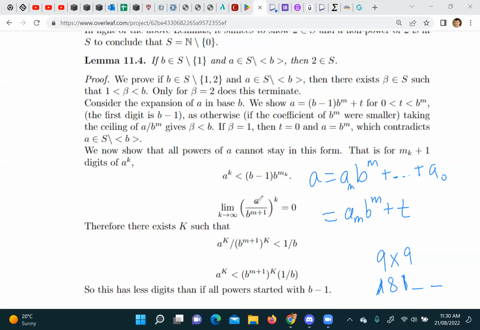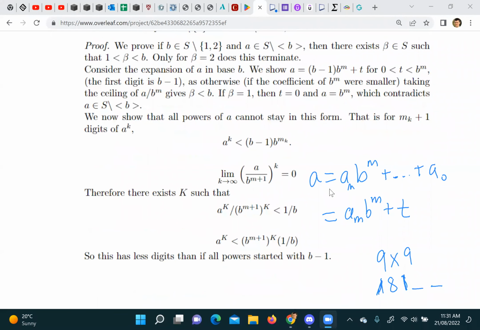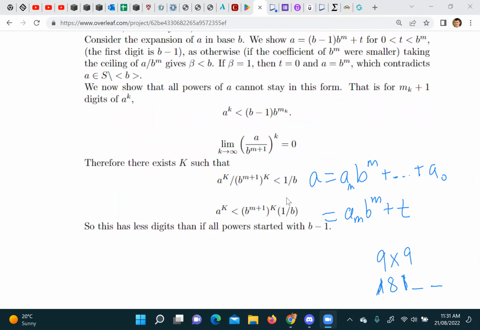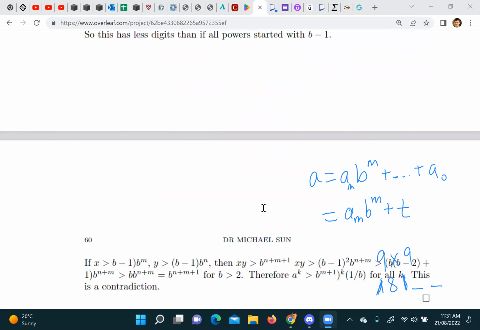So there is some power for which a to the k on b to the n plus 1 to the k is less than 1 on b. I think I could be a bit more generous here. I make it 1 on b to the million or something. That's fine, as long as it loses a b. So then it has less. So it lost a digit, right? For that power.